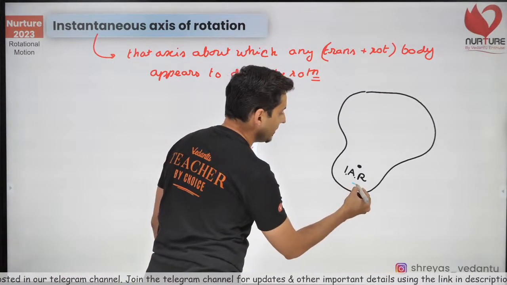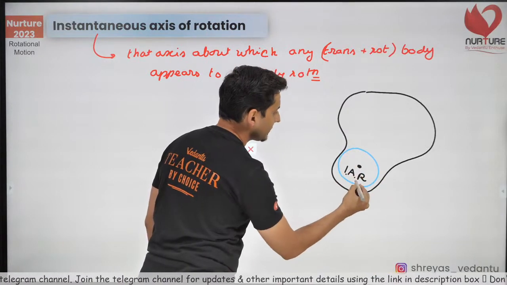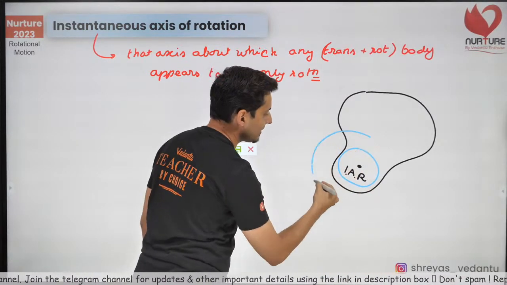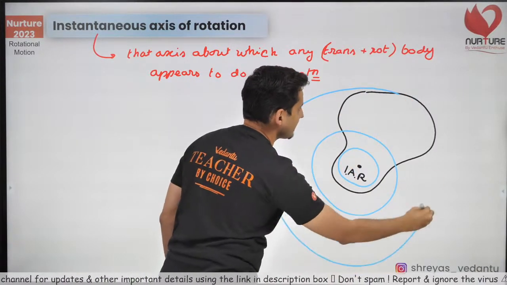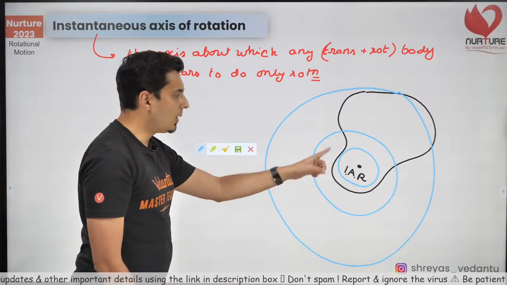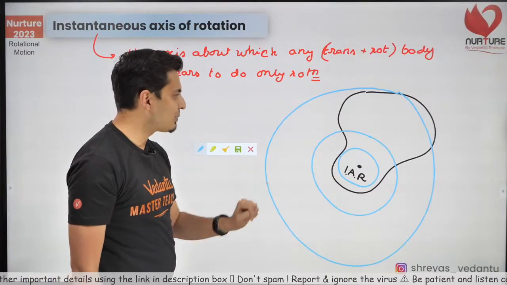So this point over here will go in a circle like this. This point over here will go in a circle like this. This point over here will go in a circle like this. Isn't that true? All the points will go in circles around that particular point.